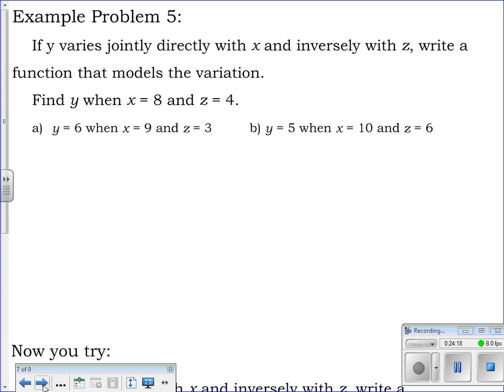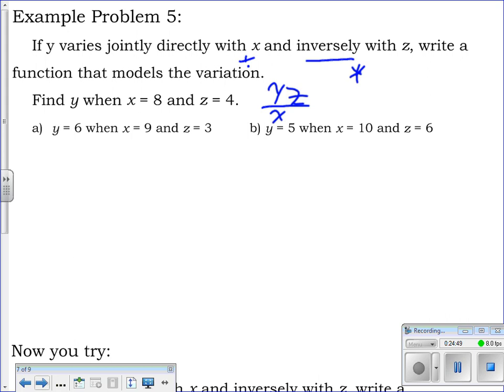Okay, guys. Y varies jointly, directly with x and inversely with z. Write a function that models the equation. Okay. So directly with x, directly means divide, so I have to divide by x. Inversely means multiplying, so I have y over x and y times z.